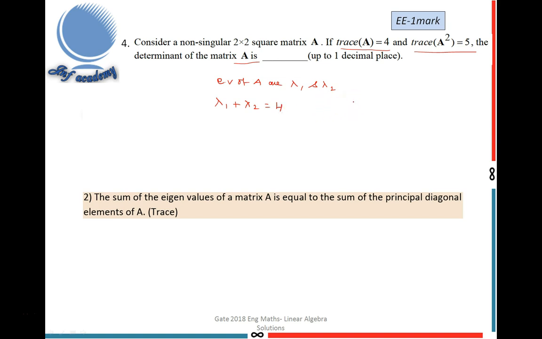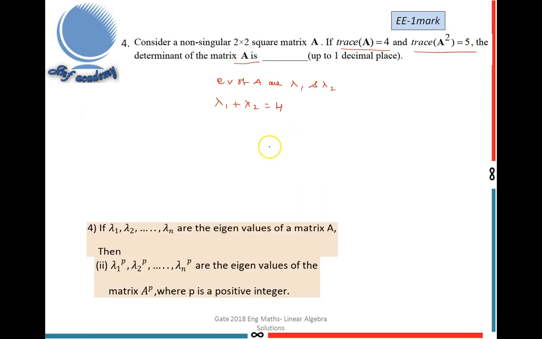Next, given trace of A square. So we have to find the eigenvalues of A square. Here I use another property: if lambda 1, lambda 2, up to lambda n are the eigenvalues of A, then lambda 1 power p, lambda 2 power p, up to lambda n power p are the eigenvalues of the matrix A power p, where p is a positive integer. Here p is 2.